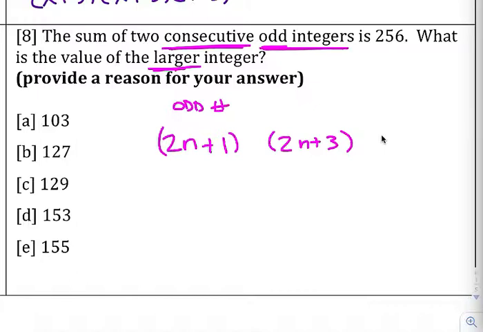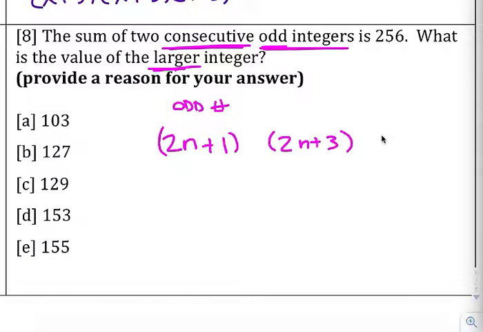If you just pick a number like 4, 4 times 2 is 8, plus 1 is 9. If I take the same 4, multiply by 2, then add 3, I get 11. It doesn't matter what number we take, we can represent odd numbers in this way and then go ahead and operate the way they want us to operate.